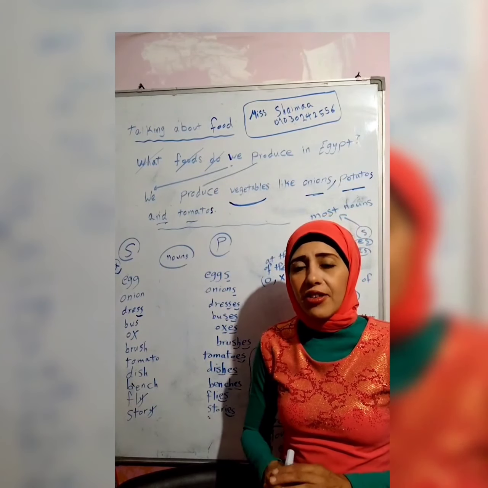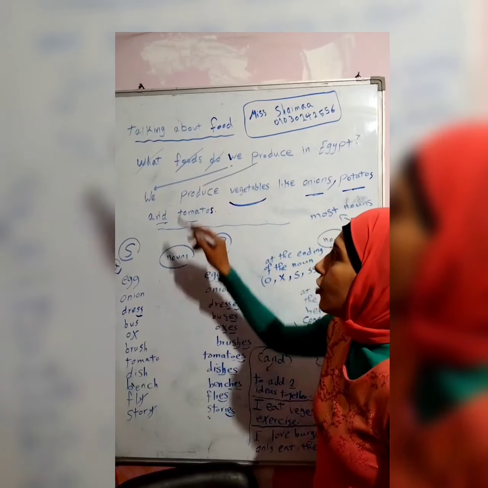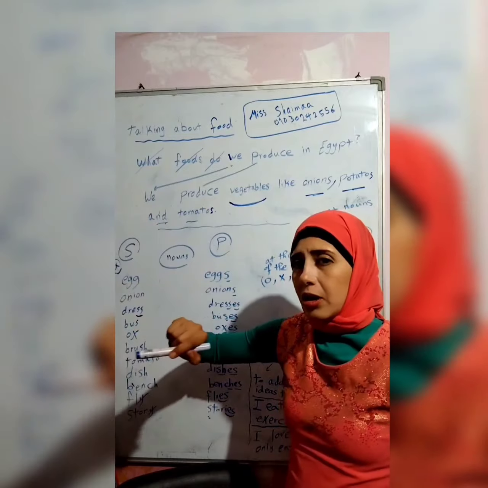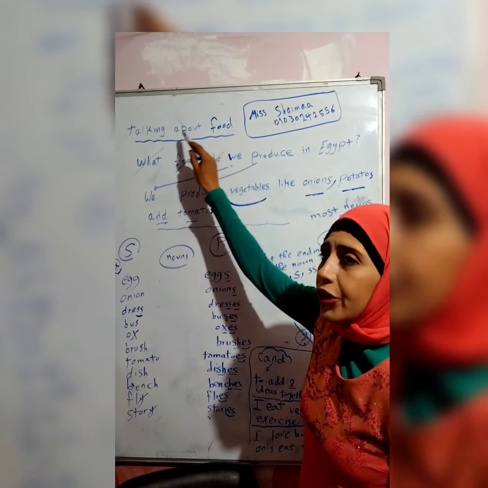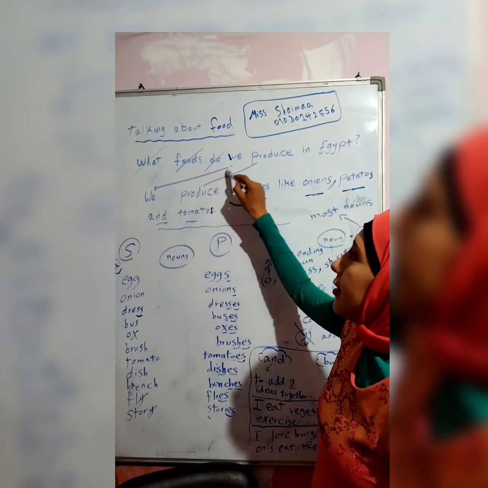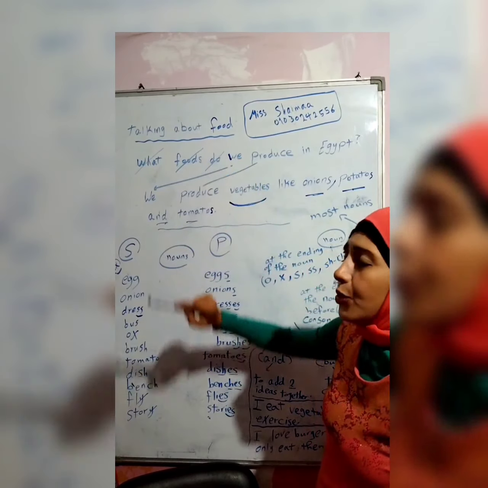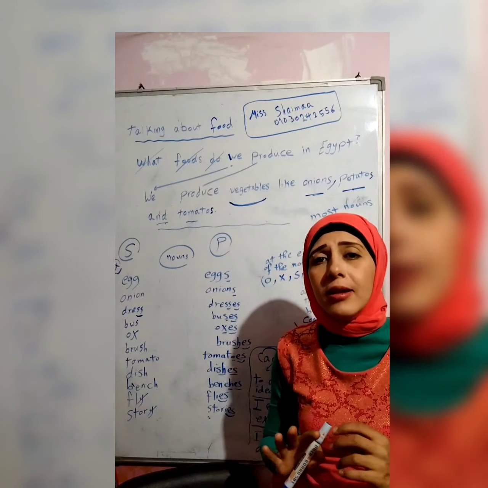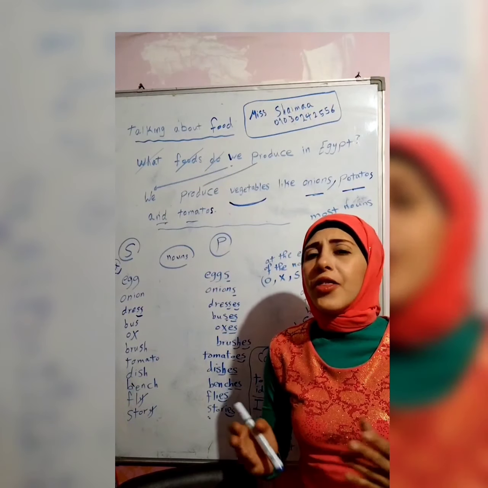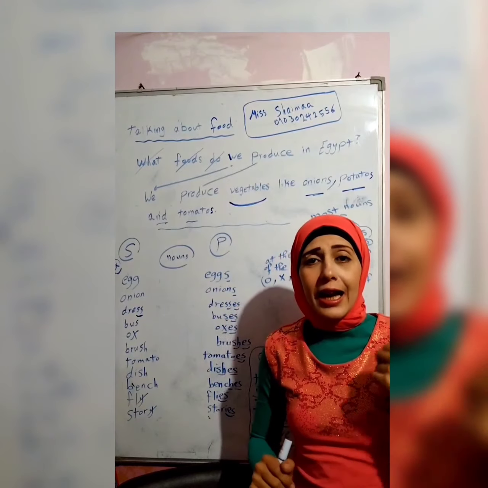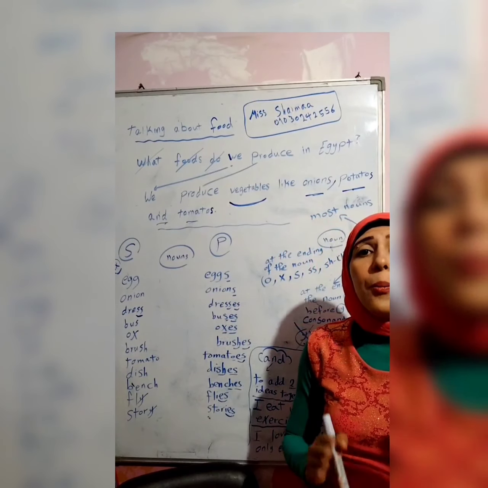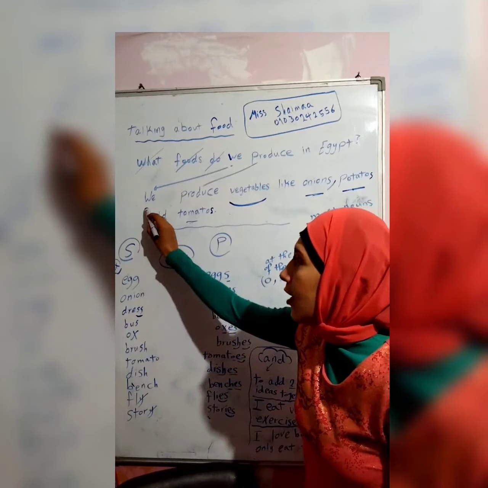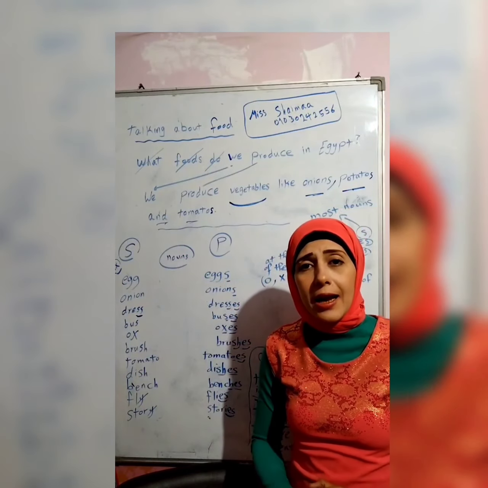To answer this question, delete the WH word, what. Delete foods. Delete the helping verb do. And put the subject at the beginning of the answer. Where is the subject here? Excellent. The subject here, the pronoun we. Put it at the beginning of the answer, here in this place.